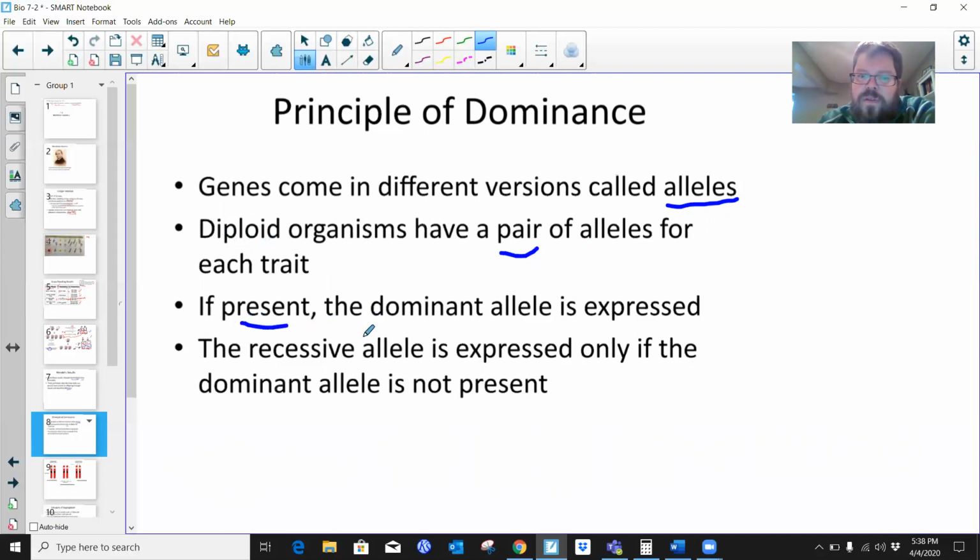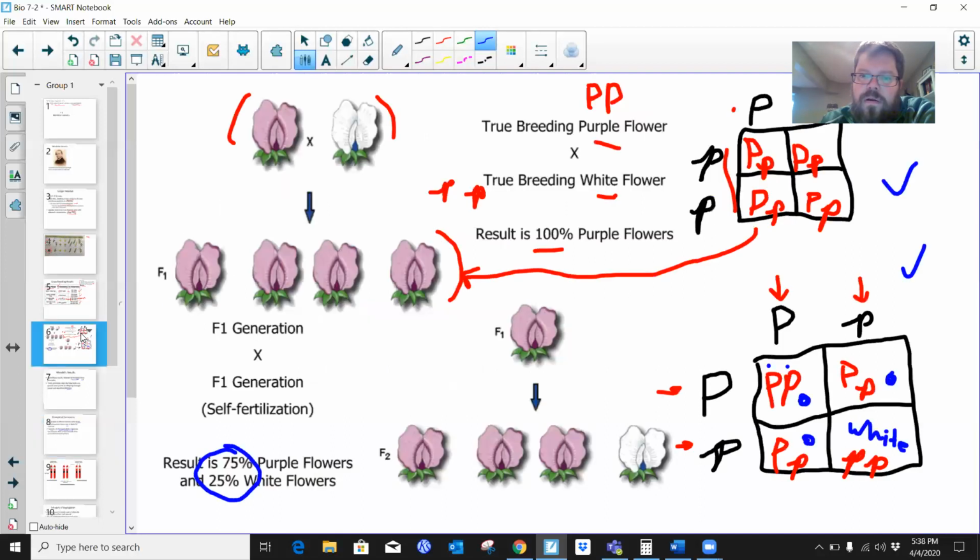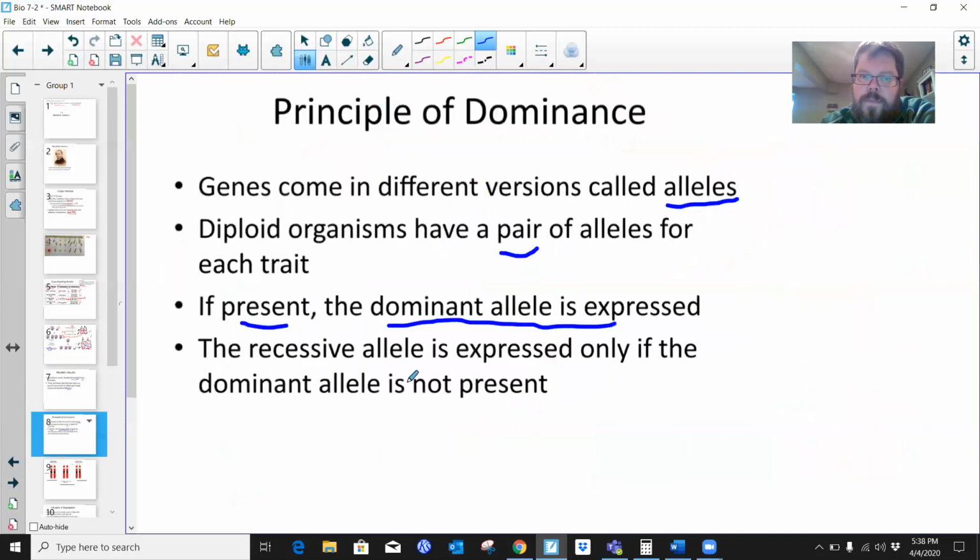If present, the dominant allele is going to be expressed. So just like we talked about here, all you need is one copy of the dominant allele, and that dominant form of the trait will be expressed. So in this case, the heterozygous case, they had one copy of the purple allele, so therefore the flower will be purple in color. Okay.